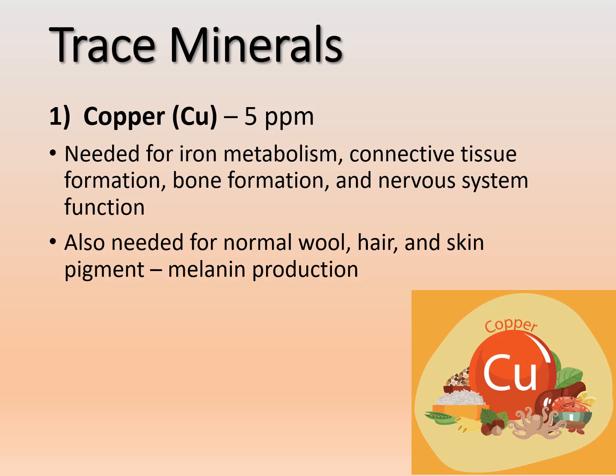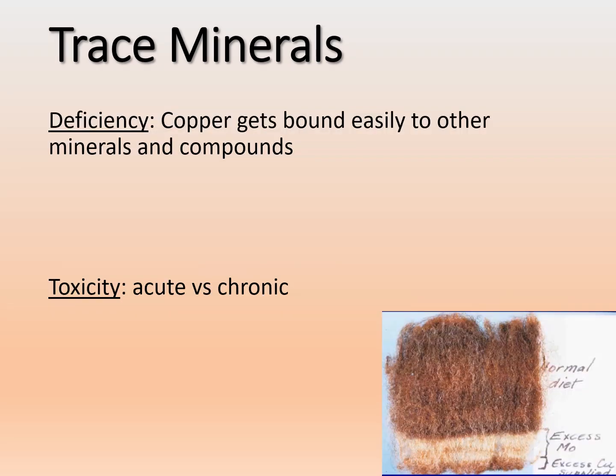But another big thing, and this is where it can come out in a deficiency, is it's also needed for melanin production, which is the pigmentation in our hair, the wool of animals, and even the skin. So sometimes you see this problem in the pigmentation of hair and wool if you have a deficiency.